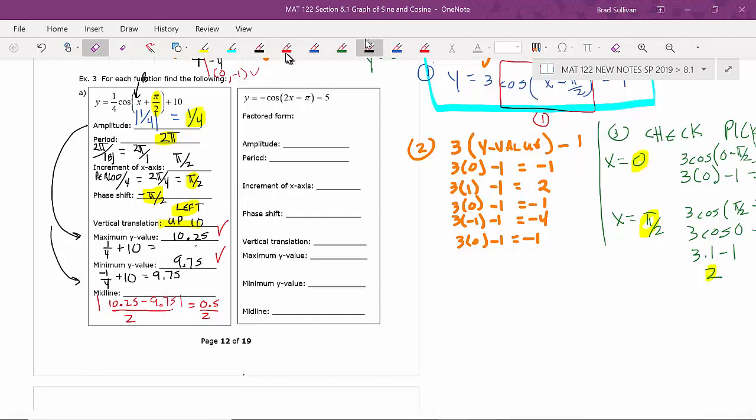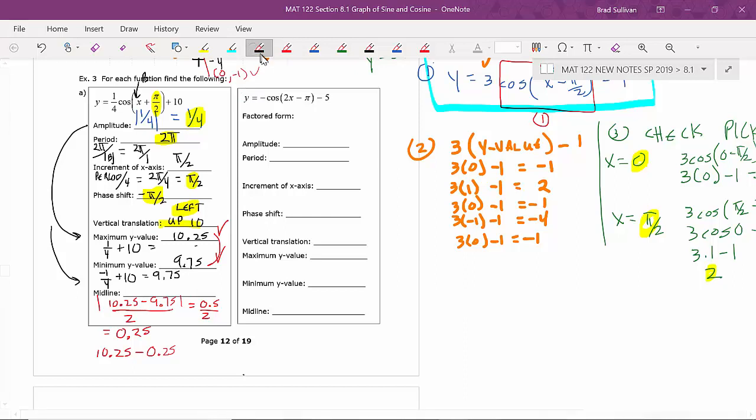Okay, so if you work that out, 0.5 divided by 2 is 0.25. So it's really just half the distance between those two numbers, but then you want to add it or subtract it from the biggest one. So the midline, I'm just going to take the max, 10.25, and subtract 0.25.